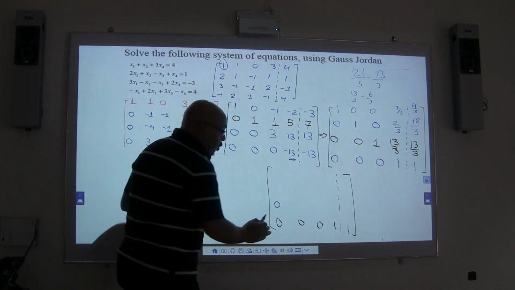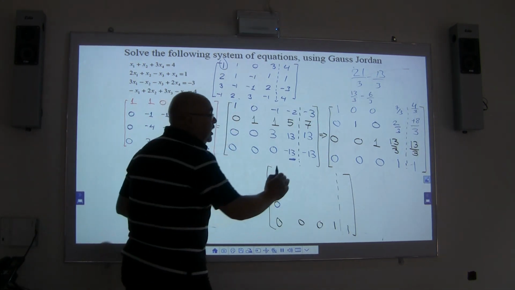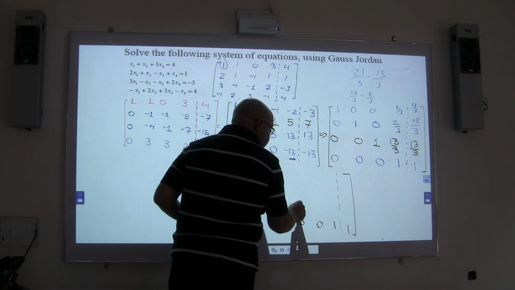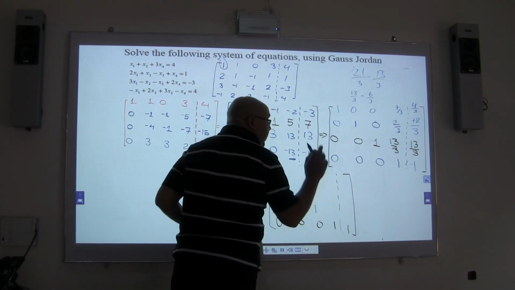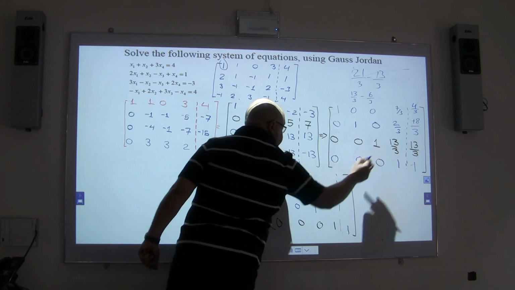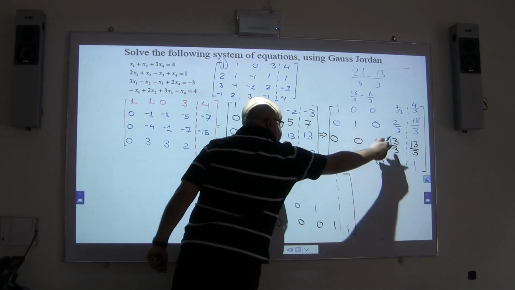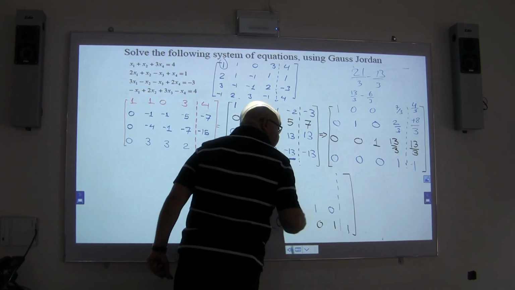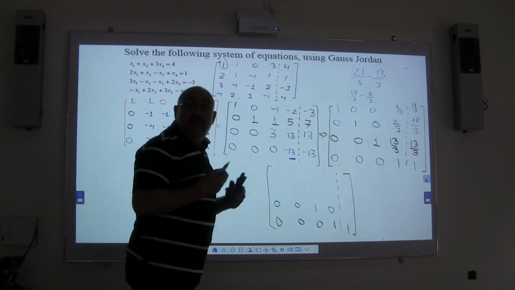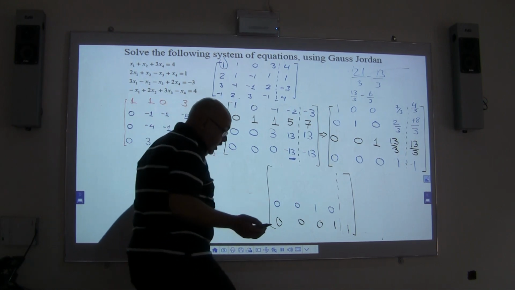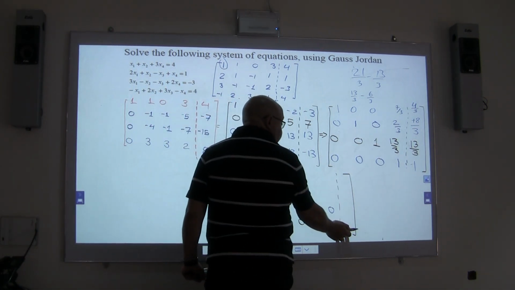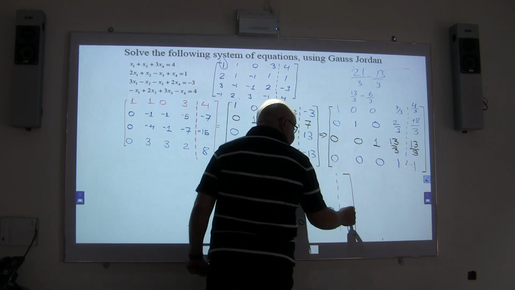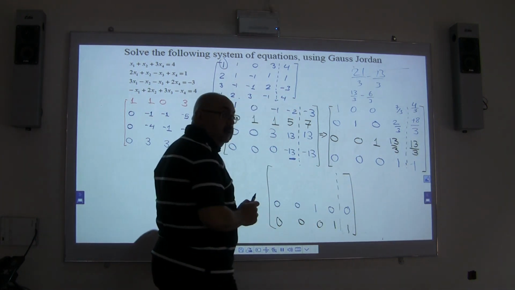For all of these zeros, it will keep the row above in a similar manner, except for this number: negative 13 over 3 plus 13 over 3 will give 0. And I'm really looking for that. Negative 13 over 3 times 1, negative 13 over 3, plus 13 over 3 also equals 0.